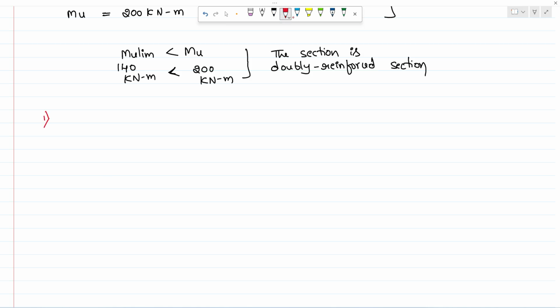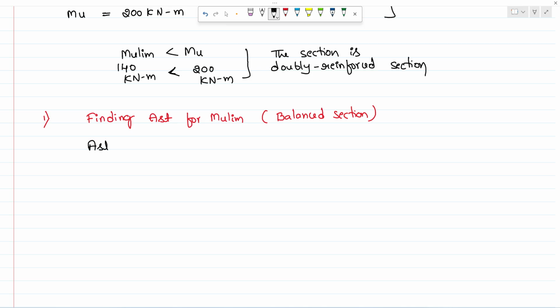So in this case, the first step will be finding area of steel for Mu limit, which means first we design our beam as a balanced section.